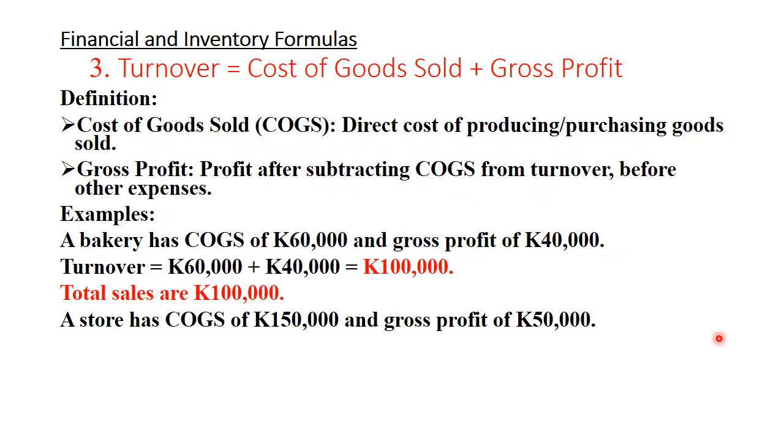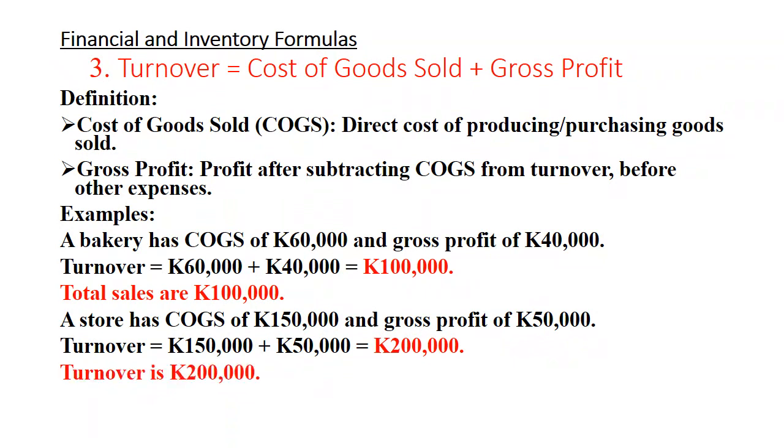Another example, a store has cost of goods sold of 150,000 and gross profit of 50,000. What is the turnover? So turnover is the cost of goods sold plus the gross profit, which is 150,000 plus 50,000, which will give us 200,000, meaning that the total sales are 200,000.